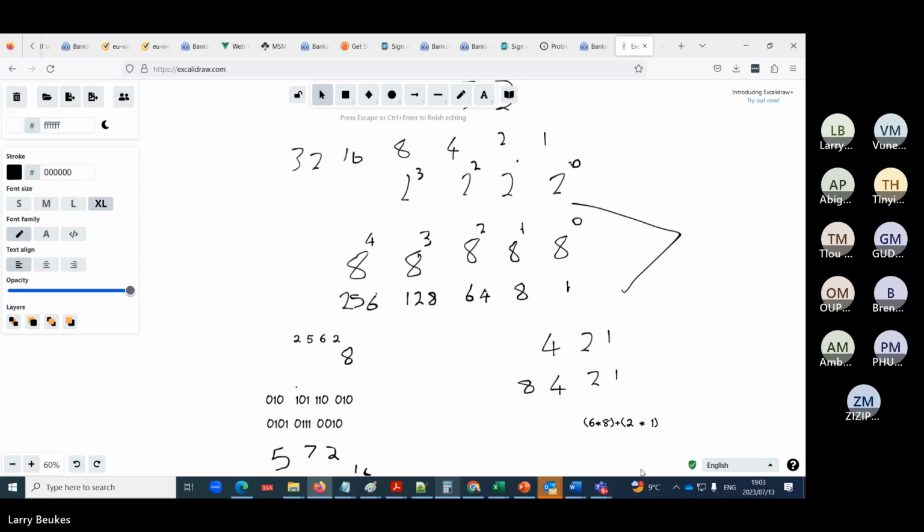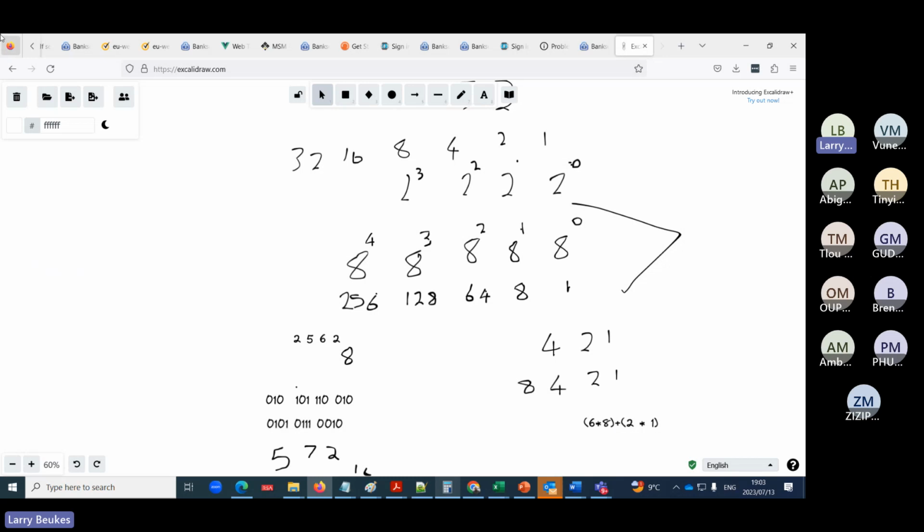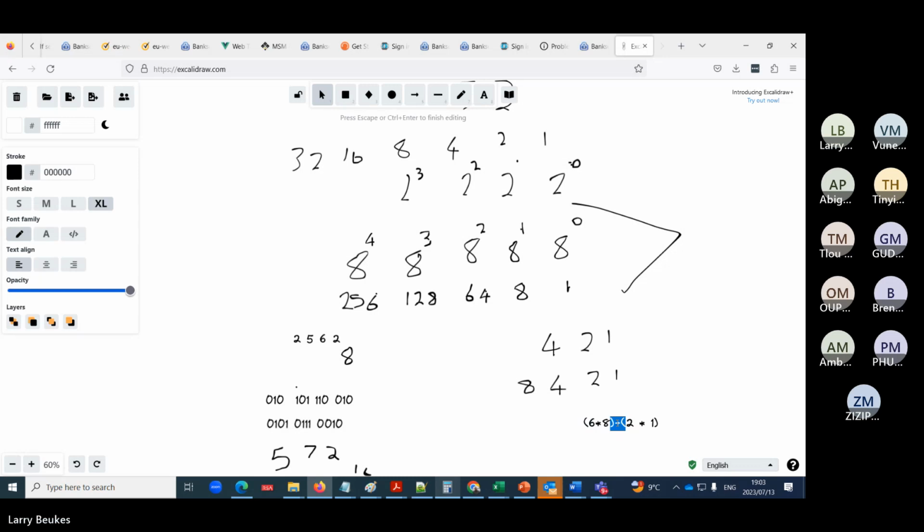6 multiplied by 8 is going to be 48. Then the third one is 64, so that's 5 multiplied by 64, which is 320.